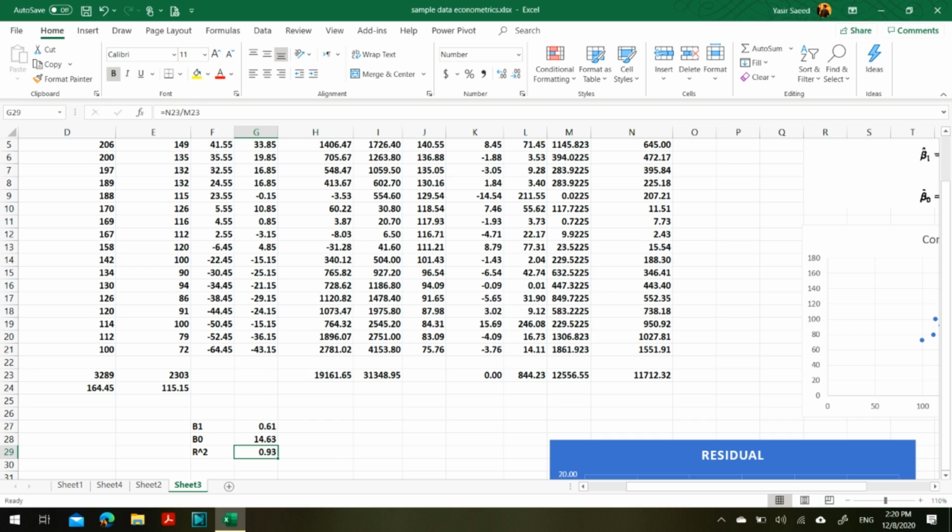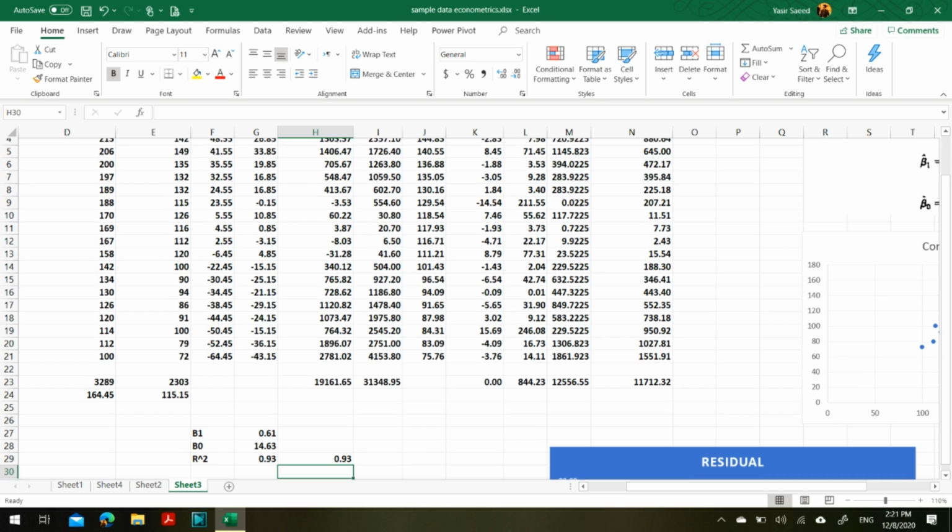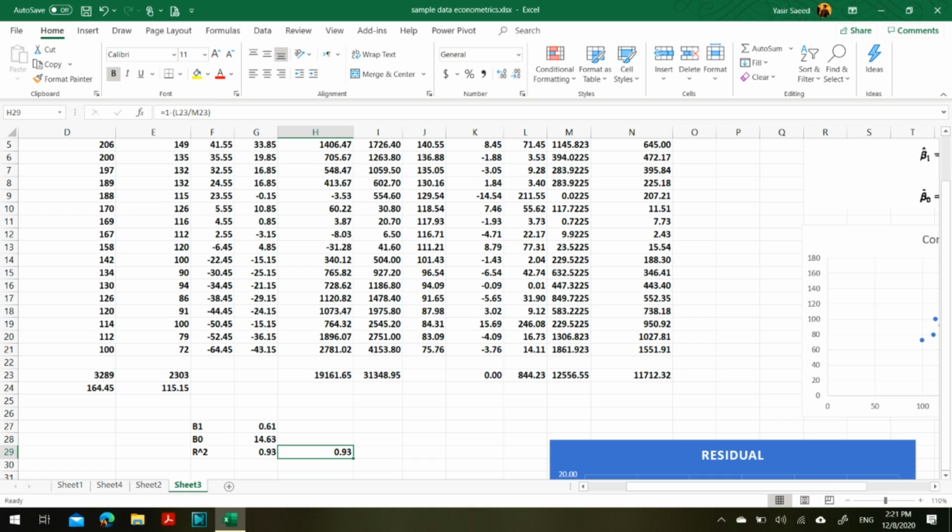Now the alternate formula is 1 minus RSS over TSS. So 1 minus bracket start RSS divided by the value of TSS and bracket close, and again I get 0.93.